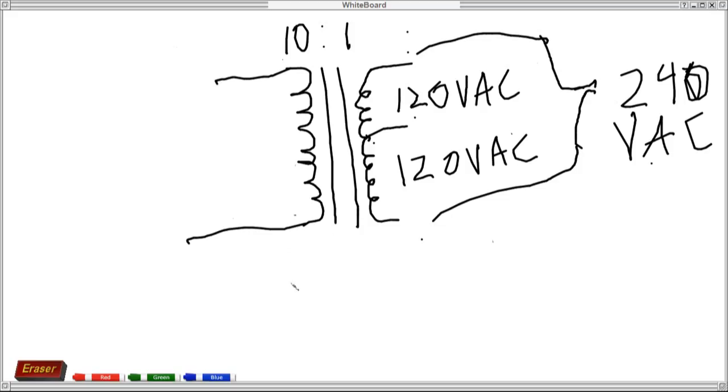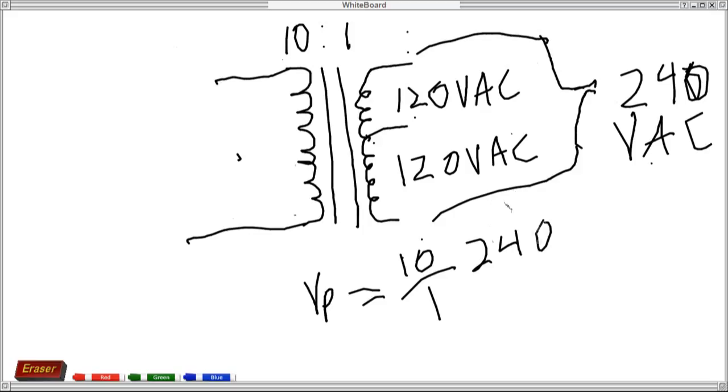Your B primary, which is here, is equal to your primary turn ratio, which is 10, divided by 1, which is your secondary turn ratio, times your secondary power source, which is 240.